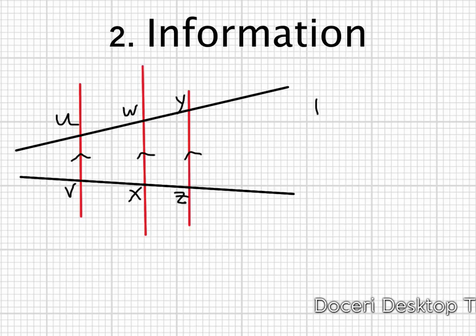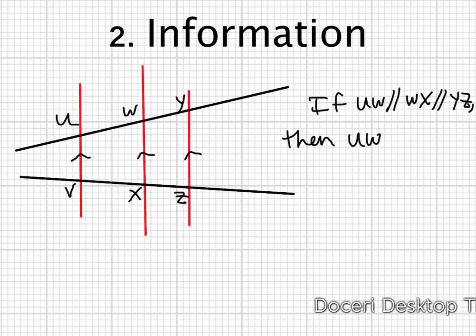So if UV is parallel to WX and it's parallel to YZ, then UW over... oh, I got this backwards, sorry. It'll still work this way, but I rewrote it the incorrect way.